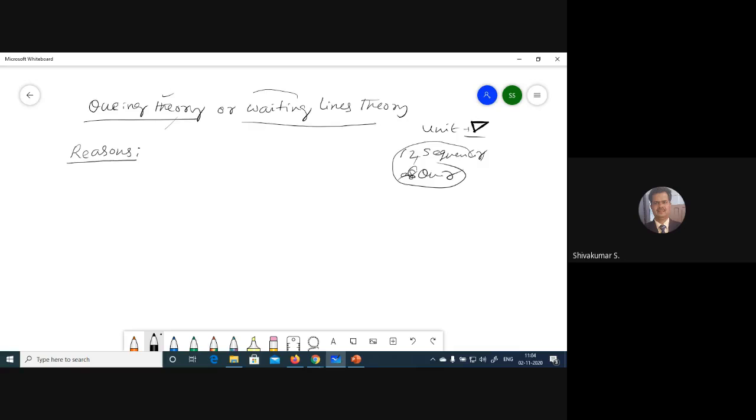Why does this waiting come into the picture? Why does the queue form? Can anyone tell? What is the reason behind the queuing or waiting lines?